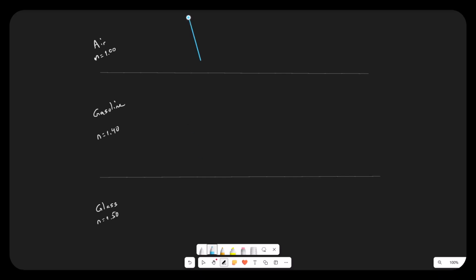I'm going to do a similar setup. But maybe up here I've got air. Let's stick with our gasoline here, and we'll go glass here. So n is 1, n is 1.4, and glass, let's go 1.5, depending on the type of glass. I have my incident ray that comes in.